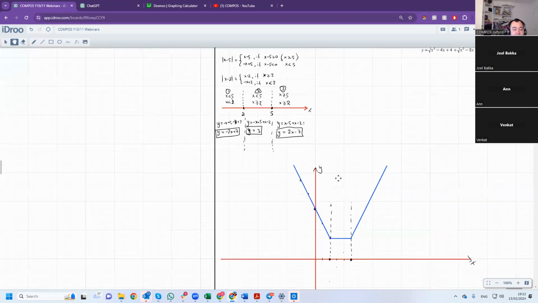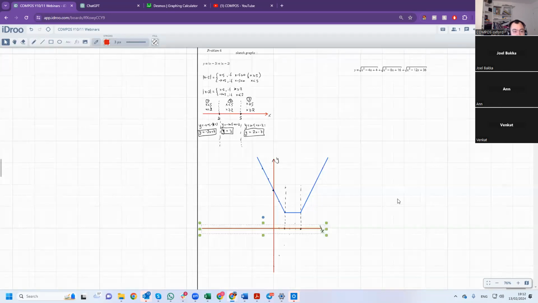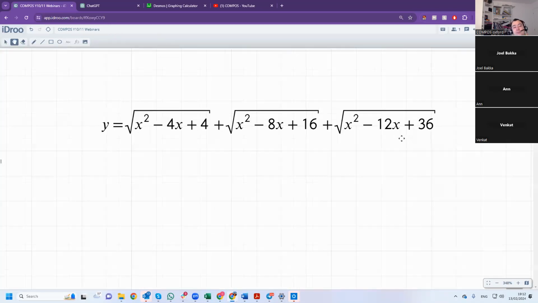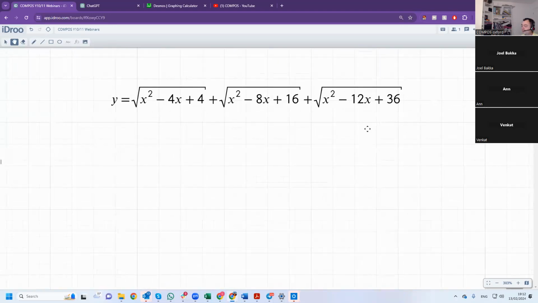Okay. Right. So this is how you would draw this graph. Now, this looks very scary. Does anyone notice anything special about it? It is a quadratic, yes.